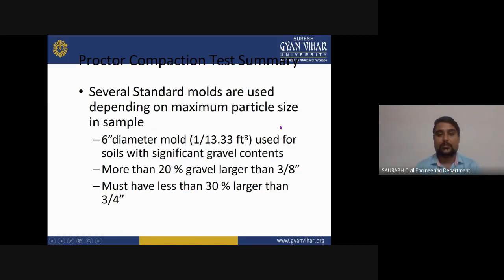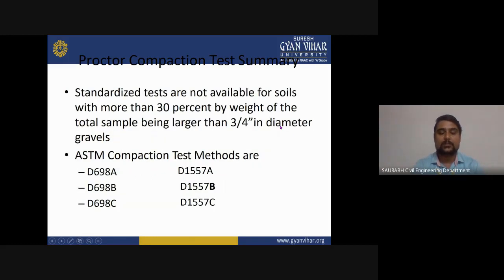And several standard molds are used, as you know, for the compaction of a soil. Standardized tests are not available for soil with more than 30% by weight of the total sample being larger than 3/4 inch in diameter gravel.